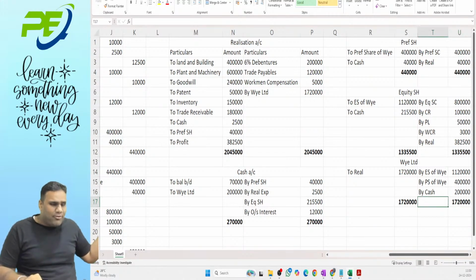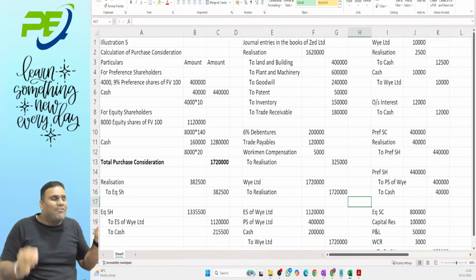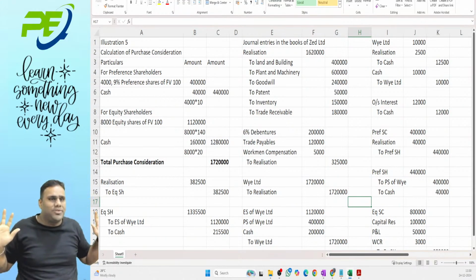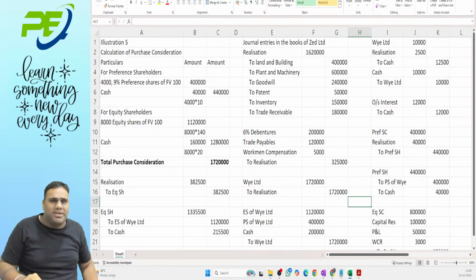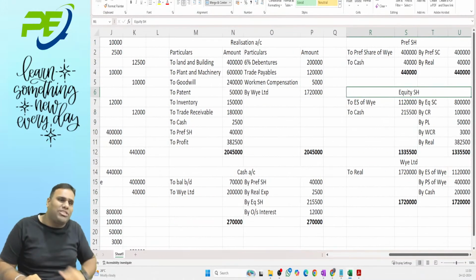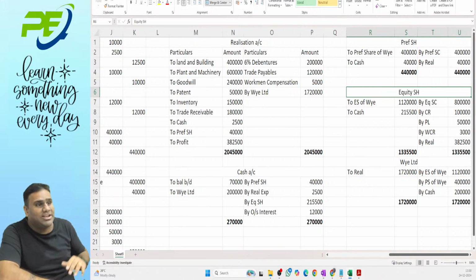Now, was purchase consideration tough? No, definitely not. Were journal entries tricky? No. Workmen compensation reserve was the only adjustment where you had to think. Apart from that, mechanically, whatever journal entries I gave, cut, copy, paste. Then this I did extra. They might ask you this also. And not only this, in examinations they have asked relevant ledgers.